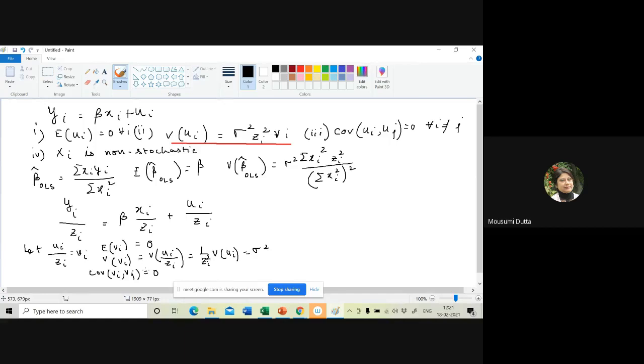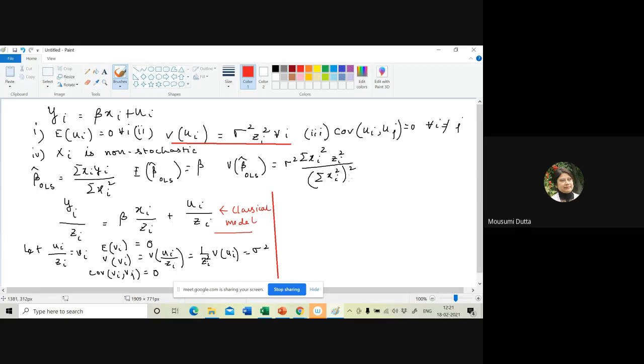So once we get this, since the transformed model is a classical model, you can use the ordinary least square technique here.